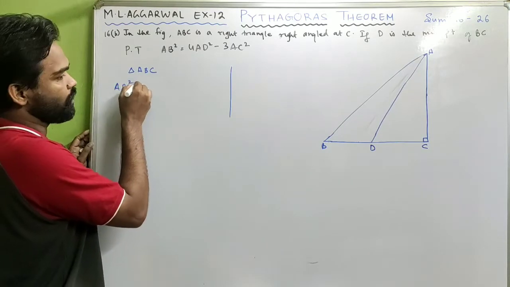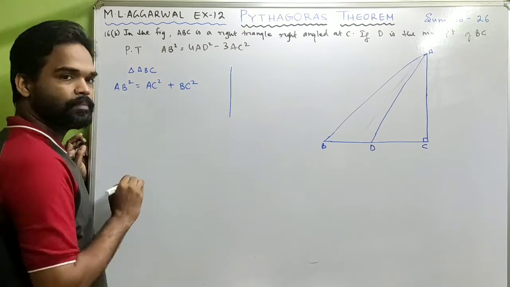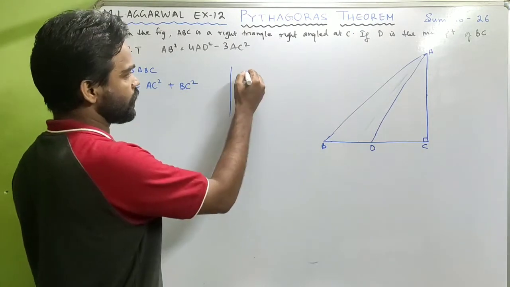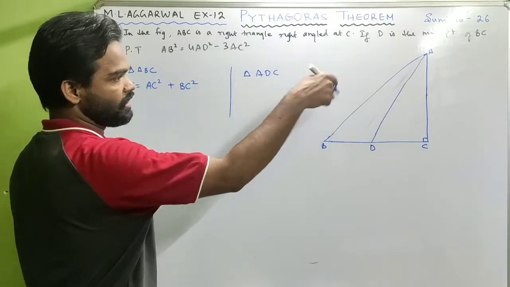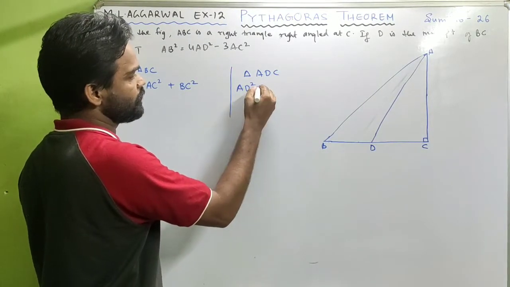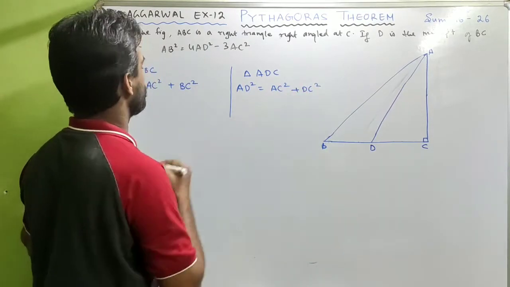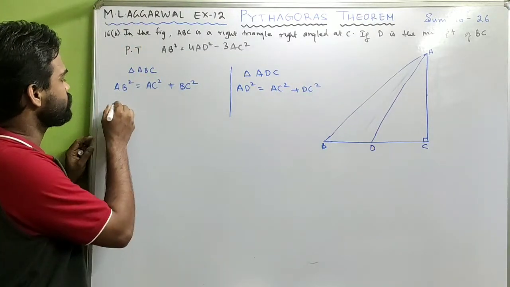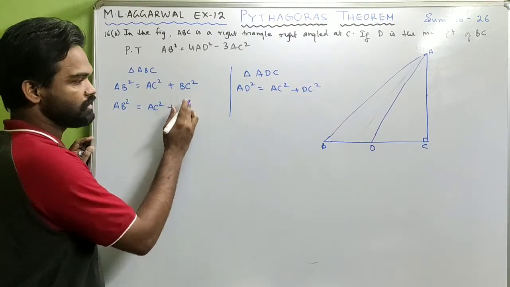So AB square is equal to AC square plus BC square. Now, another triangle is triangle ADC, where AD is the hypotenuse. So AD square equals AC square plus DC square.